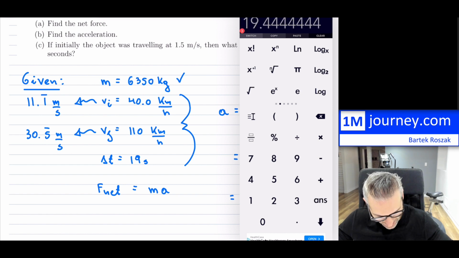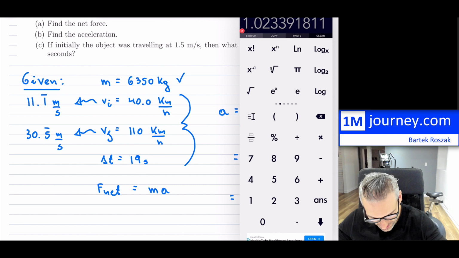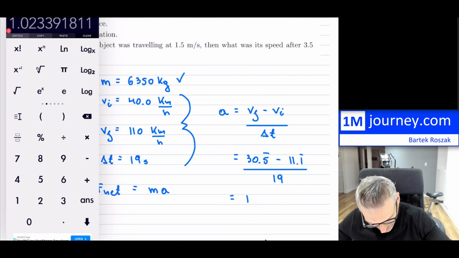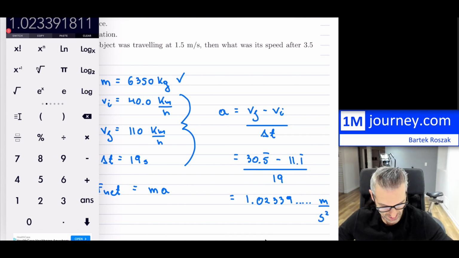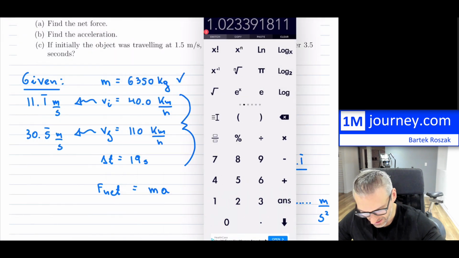All right, so we have our answer, and then divided by 19 seconds. My acceleration is not really that quick here: 0.5223390, etc. Don't round, it's an intermediate step, so meters per second squared. Try to keep at least 5 or 6 decimal places for yourself. I'll leave this on the calculator.